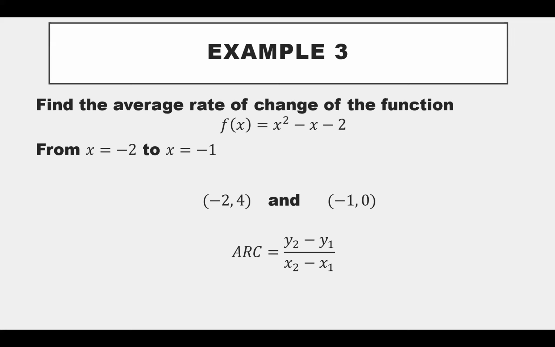Average rate of change becomes y value of point 2 minus y value of point 1 divided by x value of point 2 minus x value of point 1. That's going to be 0 minus 4 divided by -1 minus -2, which comes out as -4 over 1, which is -4.